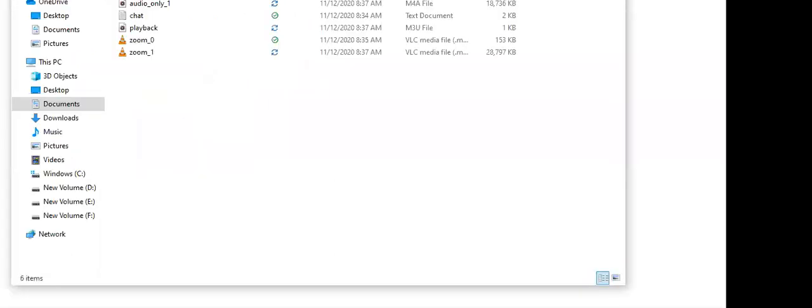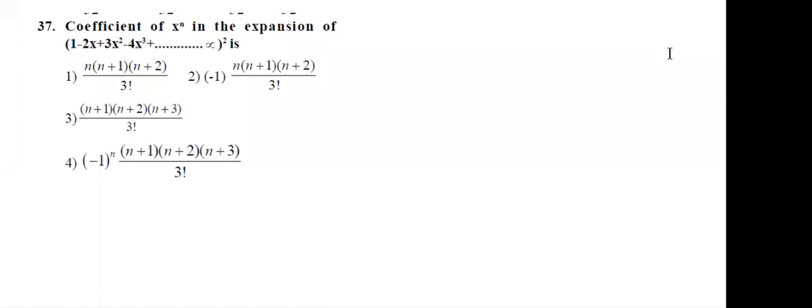In the previous class, we completed level 1, 36 problems. Now this is the 37th question. Read the question.